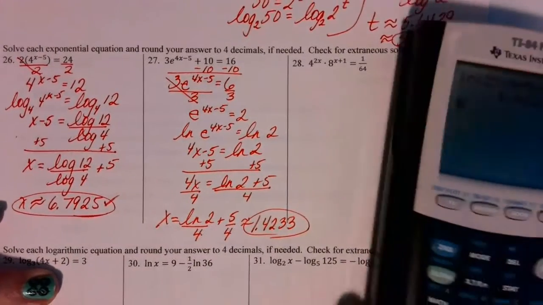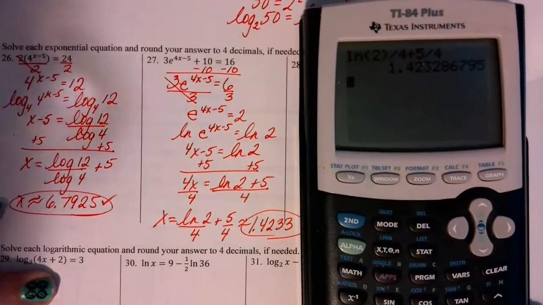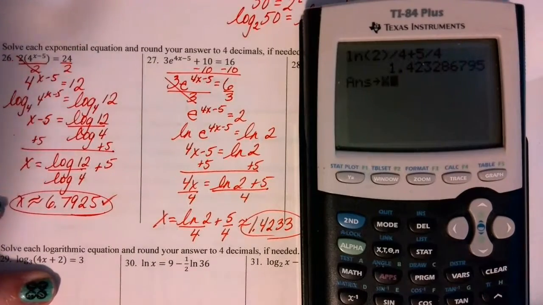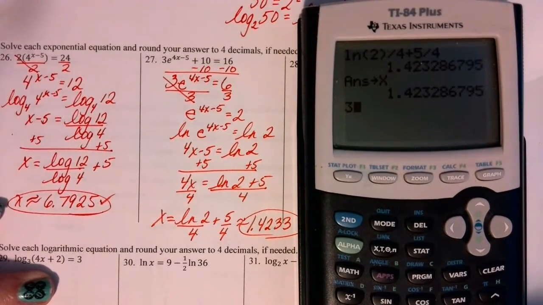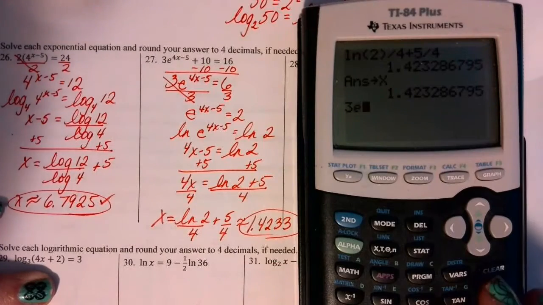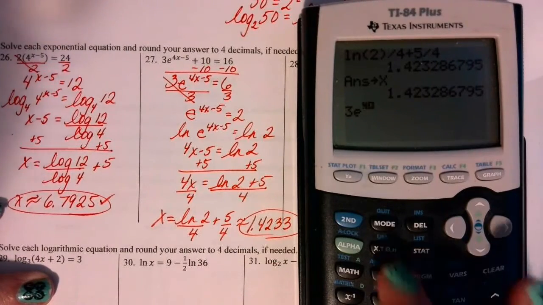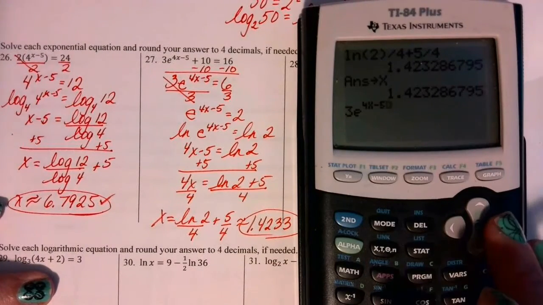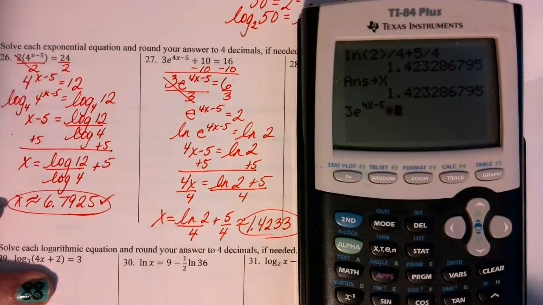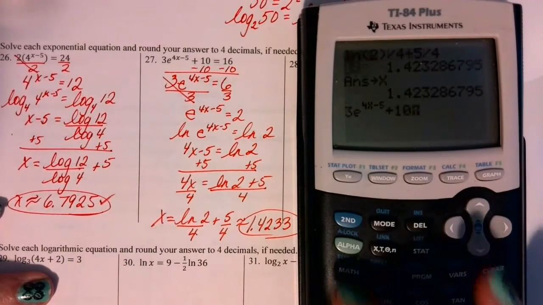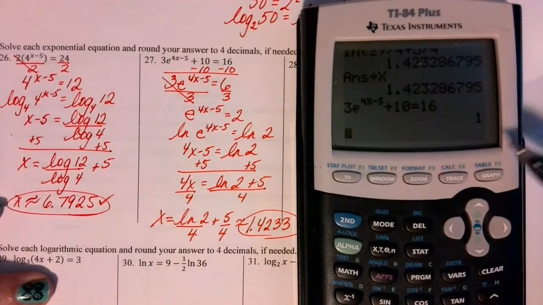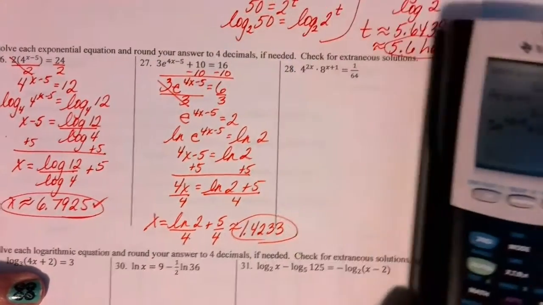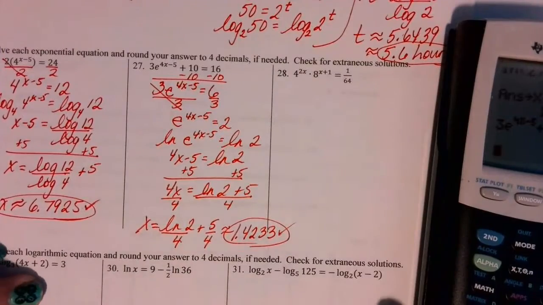And we'll substitute that into the original equation, storing the answer for x, and that's 3e raised to the 4x minus 5 power plus 10 is equal to 16. And we press enter and we get a 1, and so we see that that answer checks.